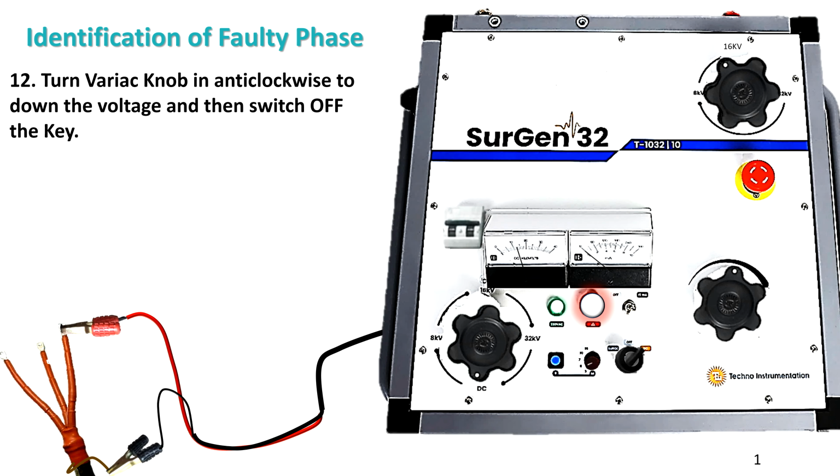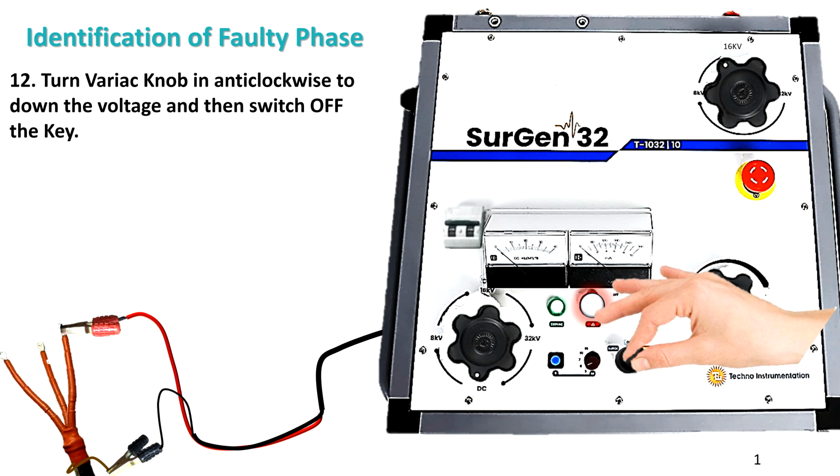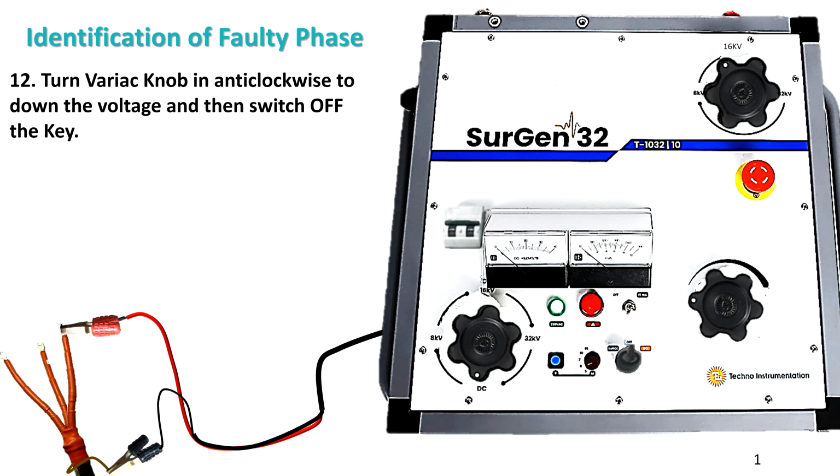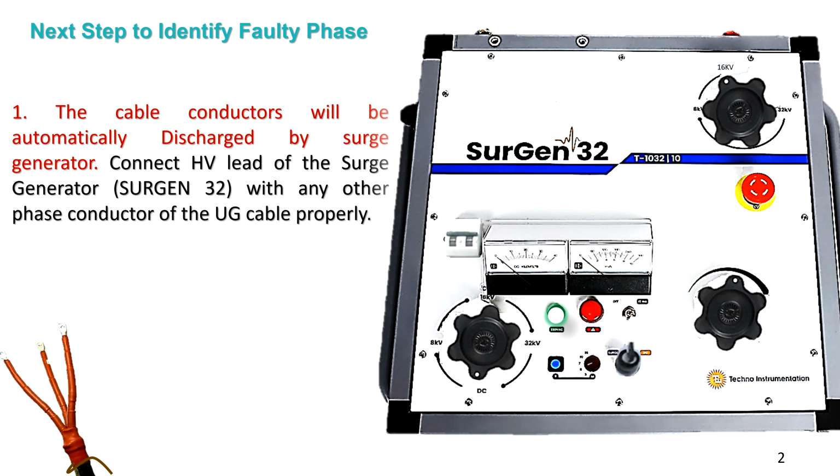Turn the variac knob in anti-clockwise direction to bring down the voltage and then switch off the key. The cable conductors will be automatically discharged by the surge generator itself.